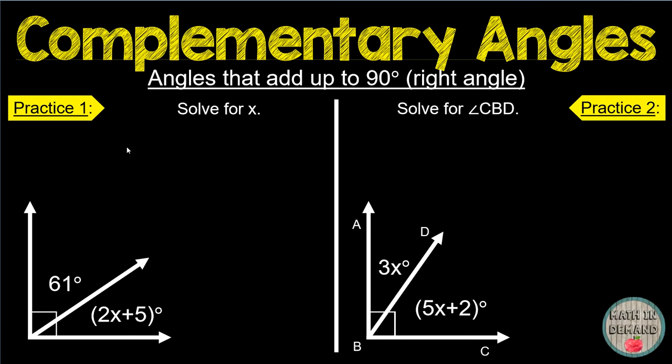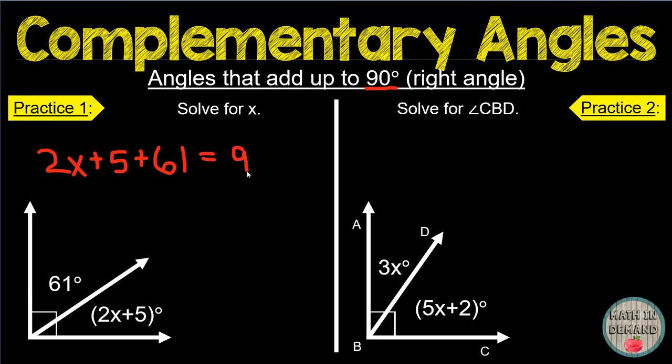In order to solve for x, I'm going to write my equation. So I have 2x plus 5. I am also going to add 61 degrees. This is a complementary angle, and remember, complementary angles add up to 90 degrees.